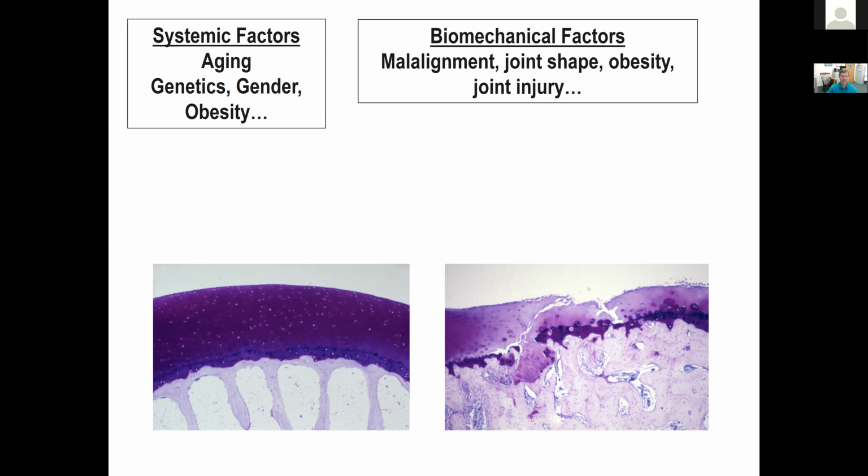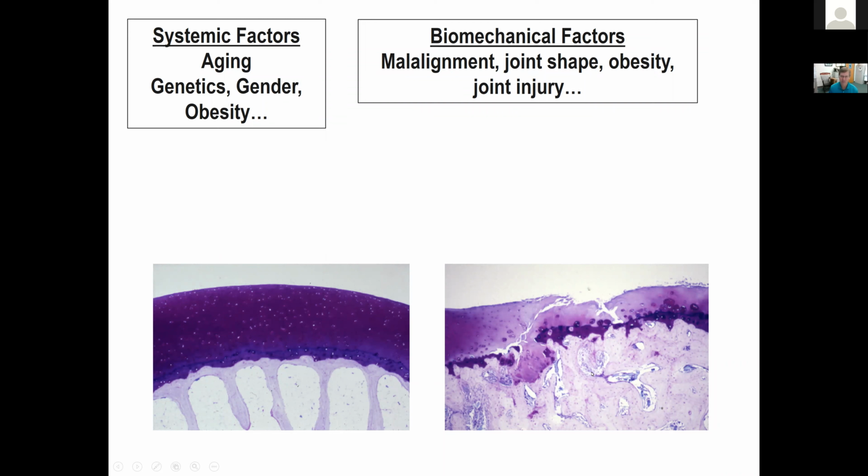The tissue that I'm showing here is a slice of articular cartilage. This is normal articular cartilage with a nice smooth surface. This is early osteoarthritis where there's some loss of the articular surface and this fibrillation, matrix loss, and then you can also see thickening of the subchondral bone.